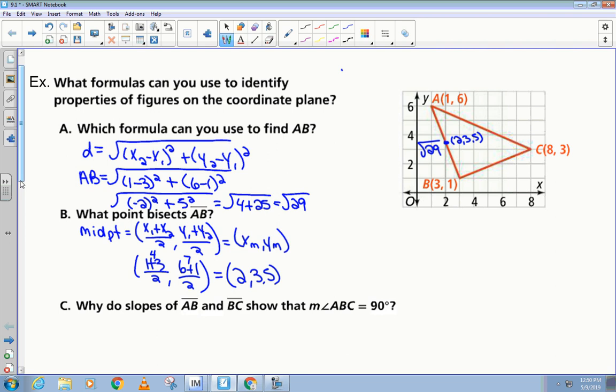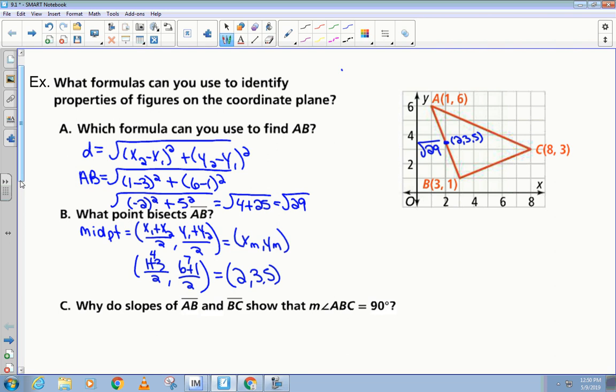It shows you the steepness of a line. Okay, like in a graph, it shows you the steepness of a line. Sometimes it's called a trend. And so if I looked at AB and BC, what's going to happen with the slope in order to show that that angle created by them is 90 degrees?